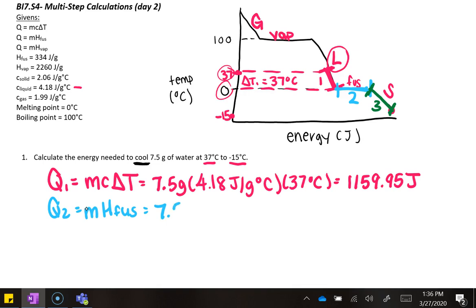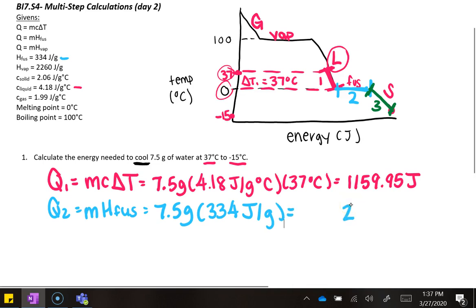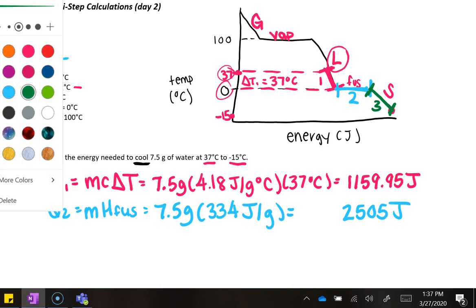Again, my mass is 7.5 grams. Heat of fusion for water is 334 joules per gram, which gives me 2,505 joules of energy.